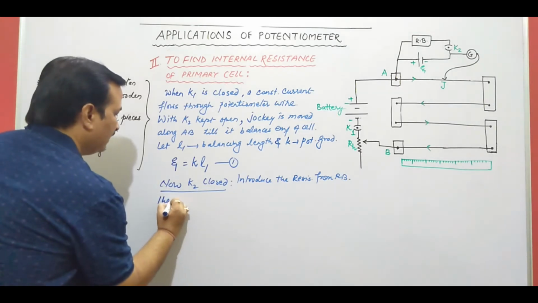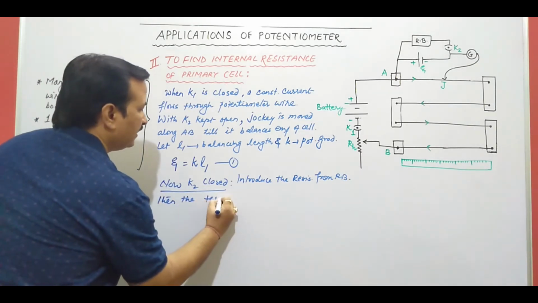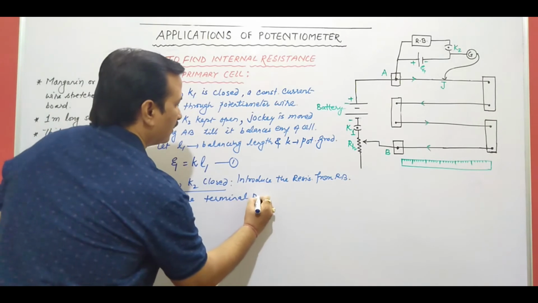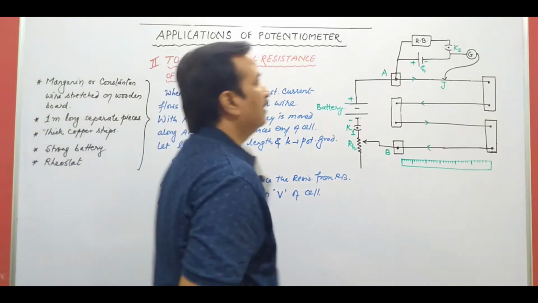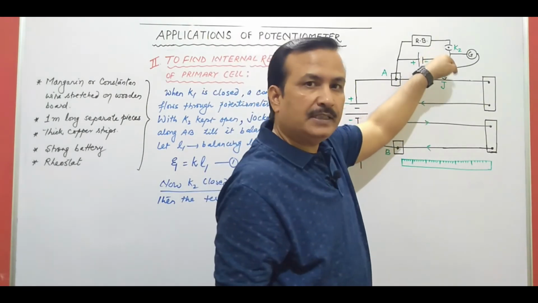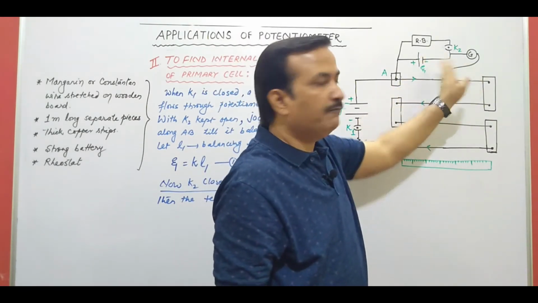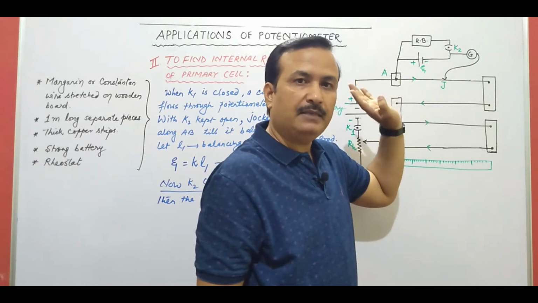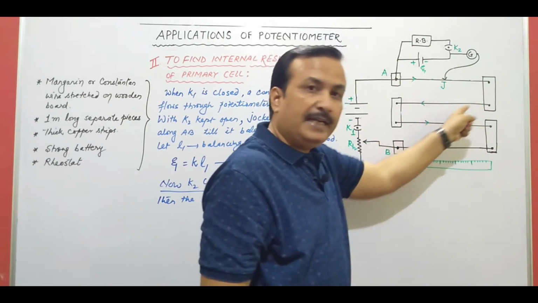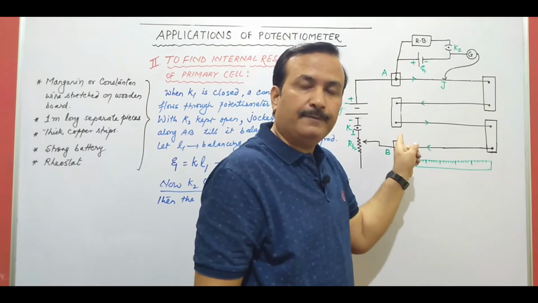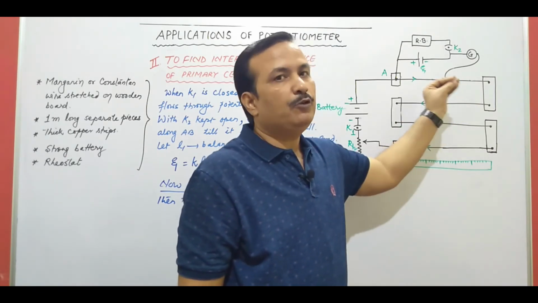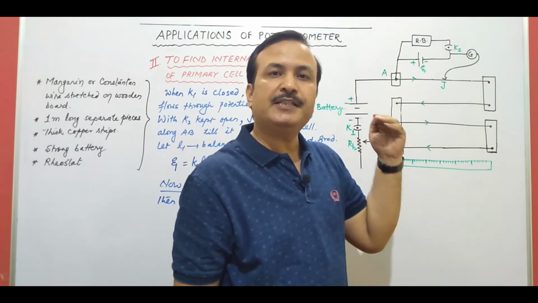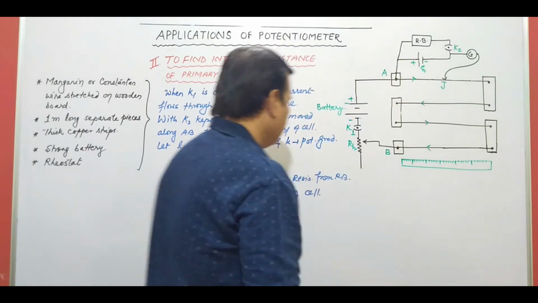Then the terminal potential V of the cell. When we have introduced resistance from the resistance box, the deflection will again keep going left and right, and somewhere you will find a point. Again you slide the jockey on the wire, you will find at some place the galvanometer will show no deflection, that means no current flowing through the wire.